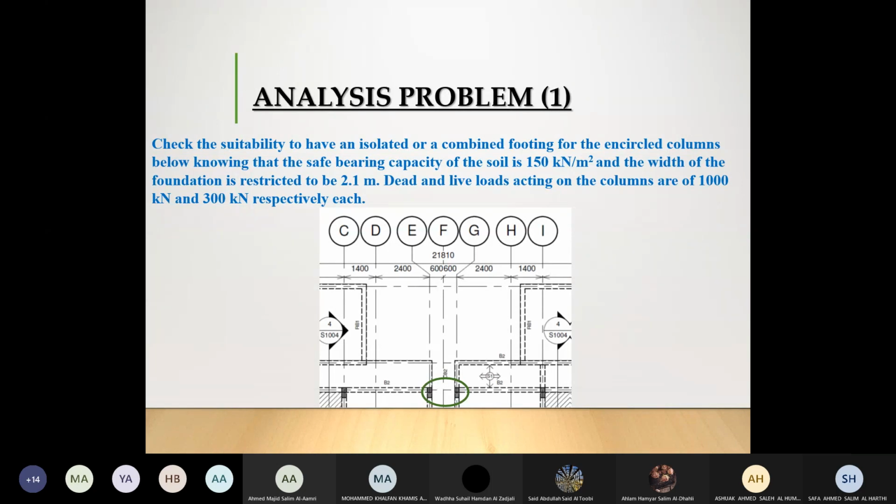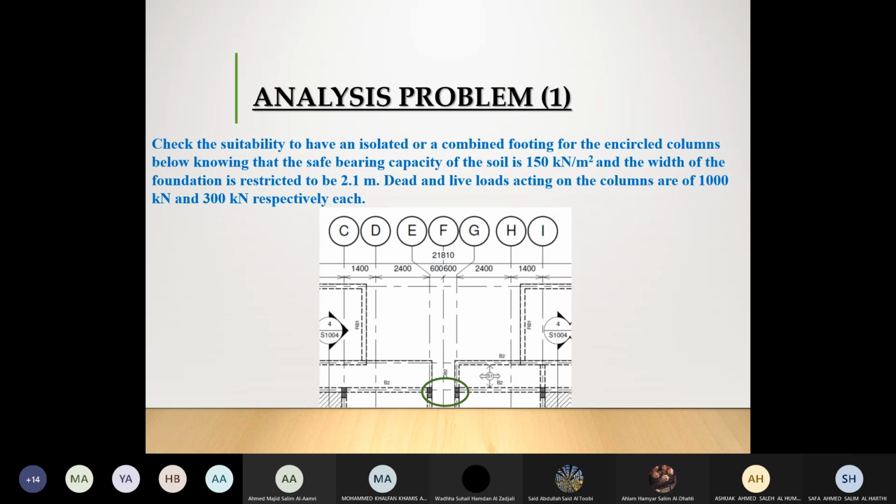Dead and live loads acting on each column are 1,300 kilonewton in total: for each column, a dead load of 1,000 and a live load of 300. And they said that you have a restriction of 2.1 meter.